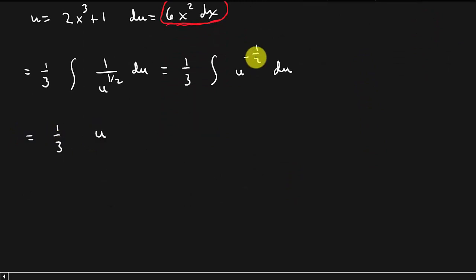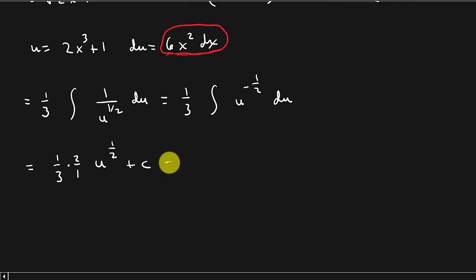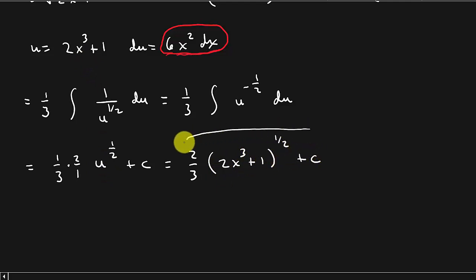That's going to be u. We got -1/2 plus 1 is 1/2. Multiply by the reciprocal of the new exponent plus c. And so that's going to give us 2/3 times, and in the place of u, I'm going to put the 2x cubed plus 1 to the 1/2 plus c.